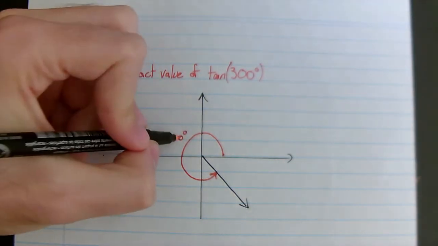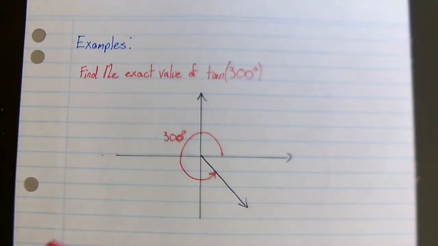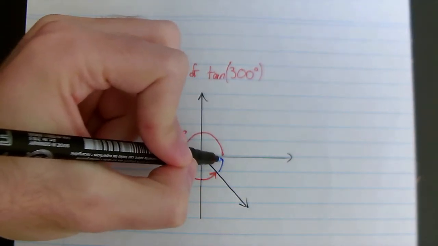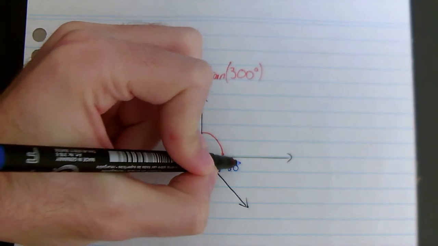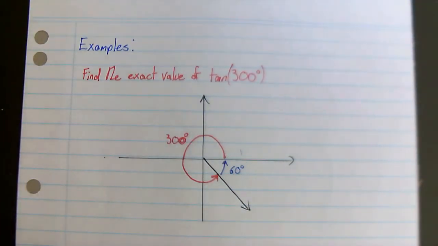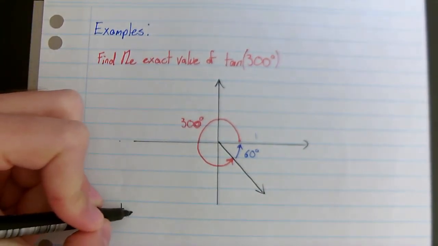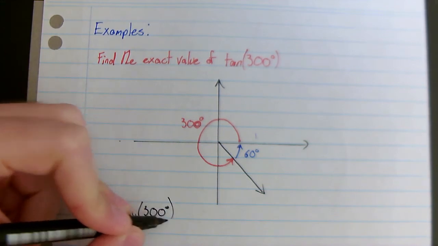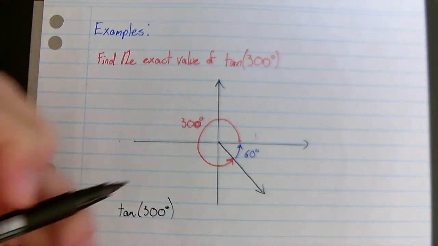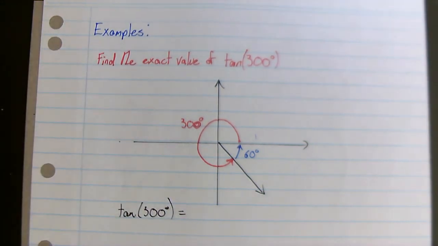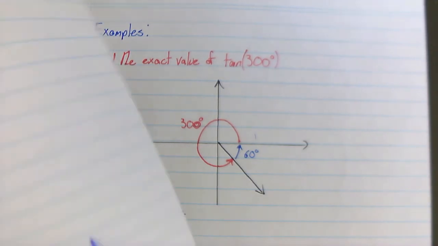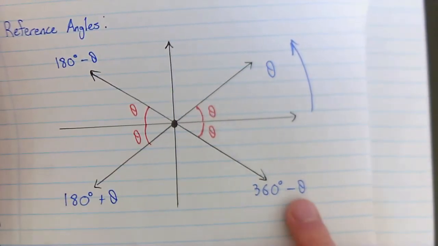So the question is, how do we relate it to the reference angle? What you can hopefully piece together is that this here is going to be 60 degrees to complete the circle. And really what we say is that for tan 300 degrees, we've got to identify that it's in the fourth quadrant. And how do we identify angles in the fourth quadrant? It's going to be by 360 minus theta.